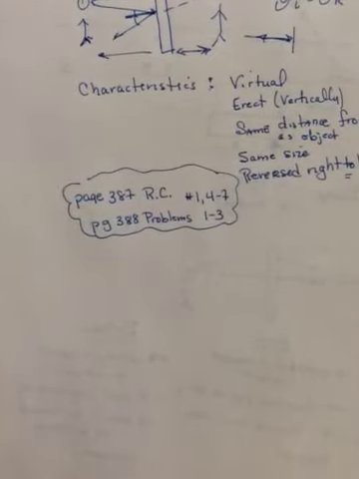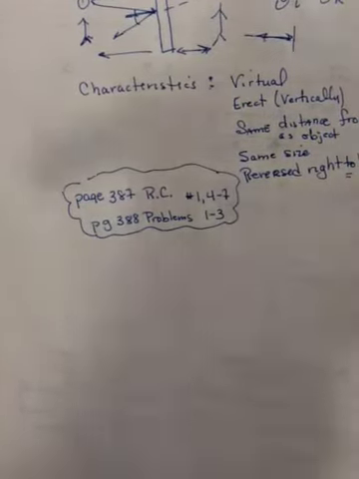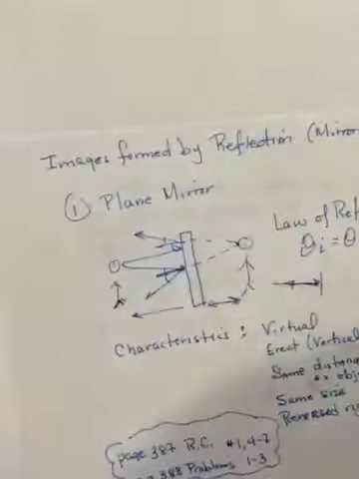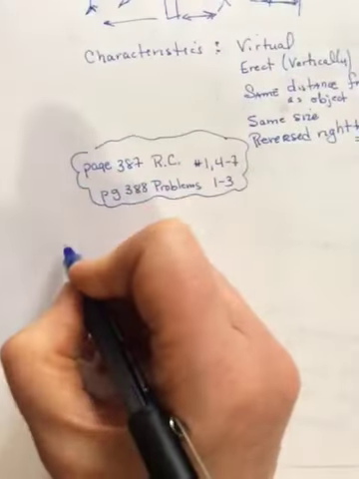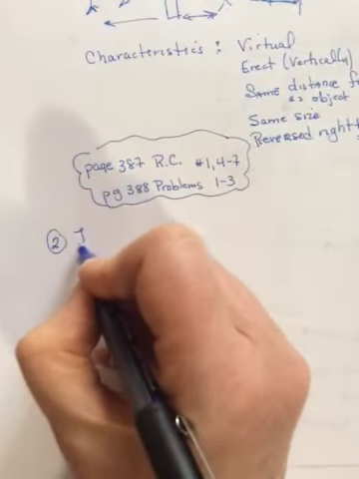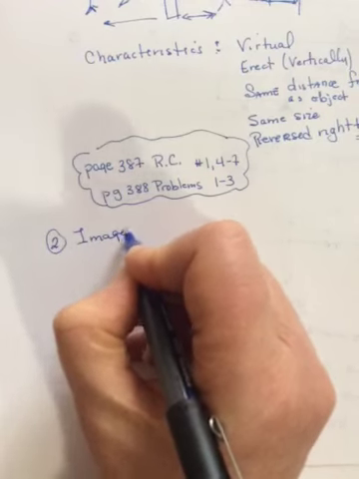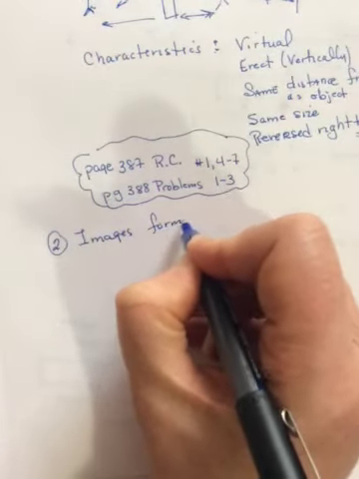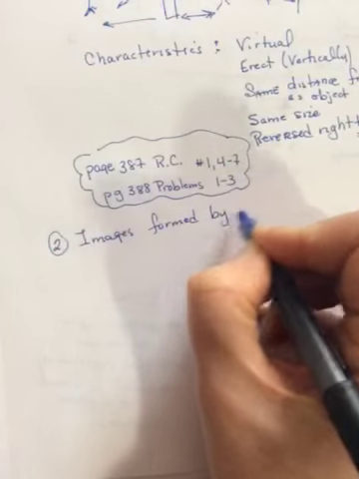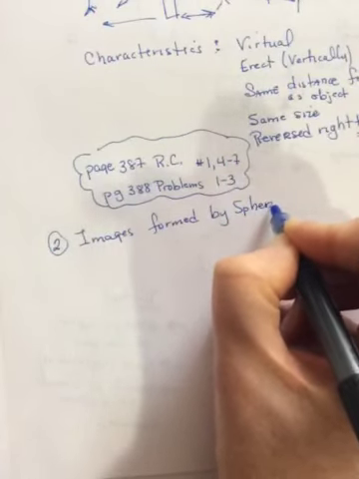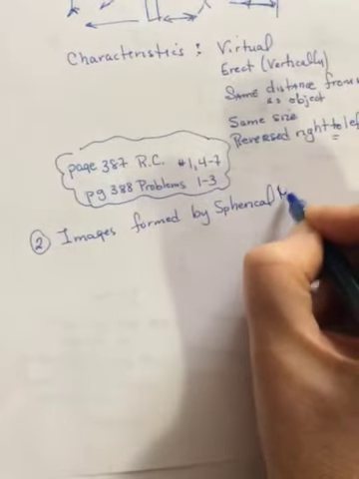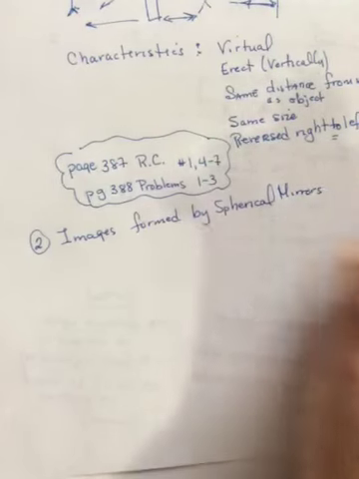But let's get to the fun ones, because the fun ones are images. So this was images formed by plane mirrors, number 1. The fun ones are images formed by spherical mirrors, or more simply, curved mirrors.